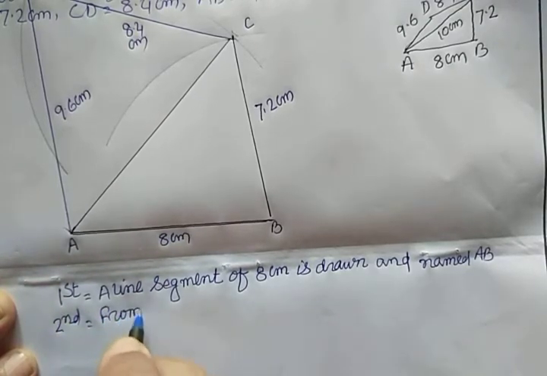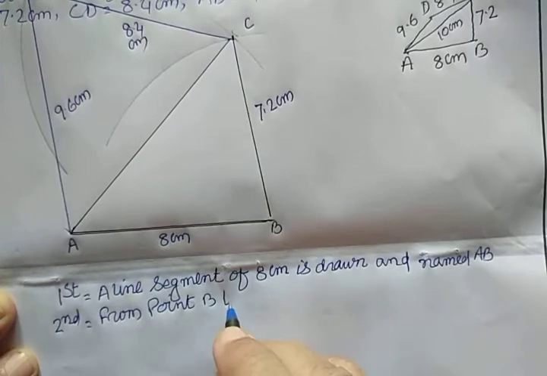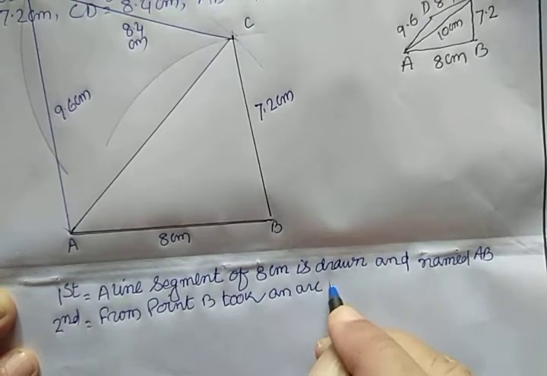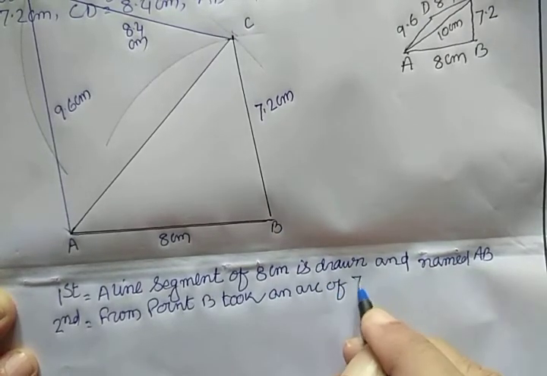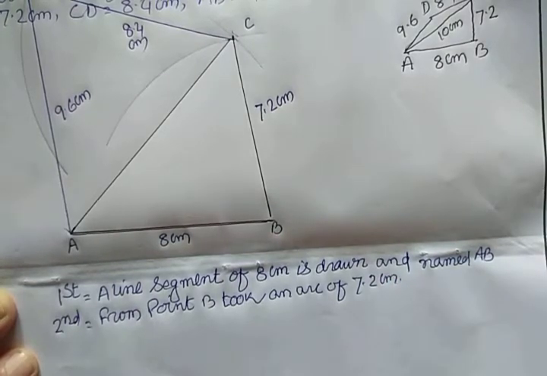What is the second step? From point B took an arc of 7.2 centimeters.